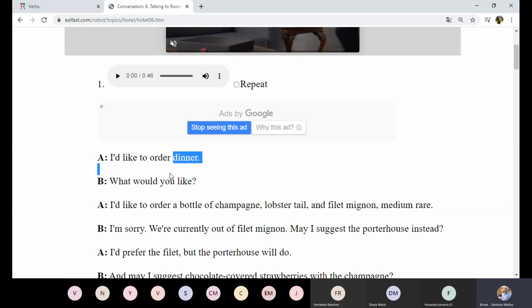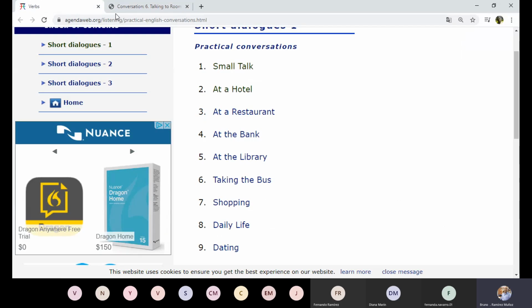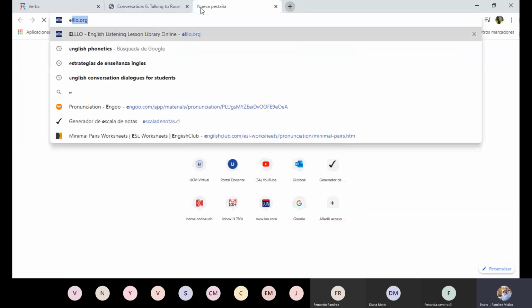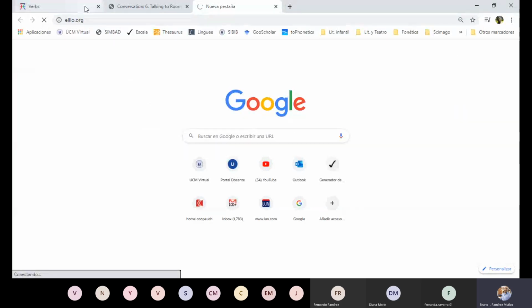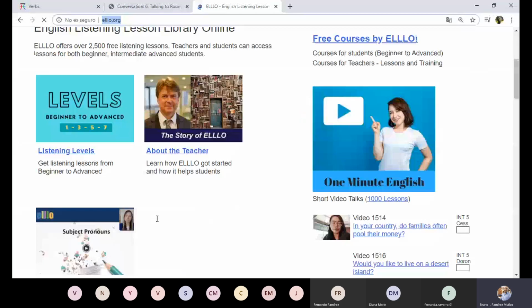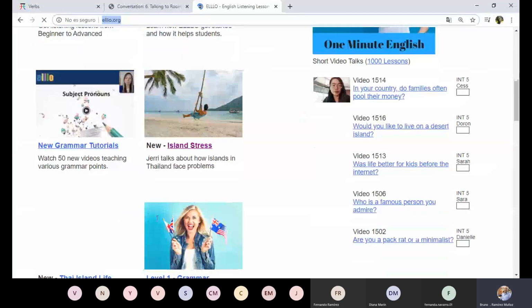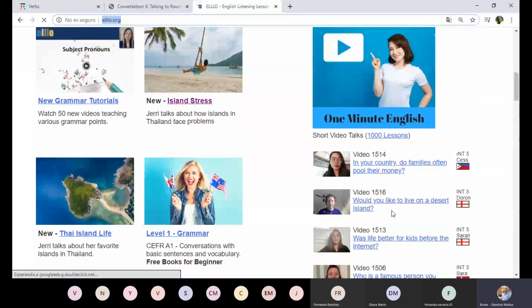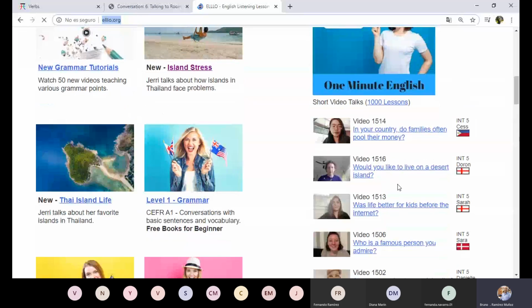So this is sort of an exercise that you can do on your own. You can, for example, go to this or the other one that's called lo.org, and then choose a dialect, right? For example, would you live on a desert island?